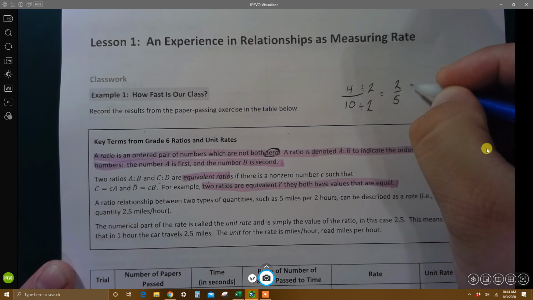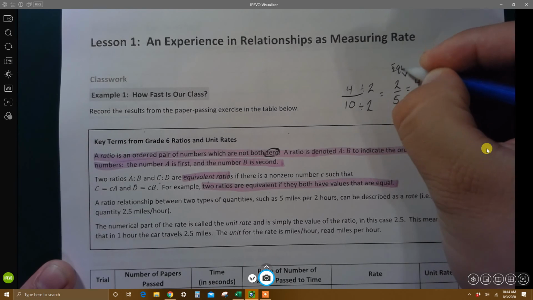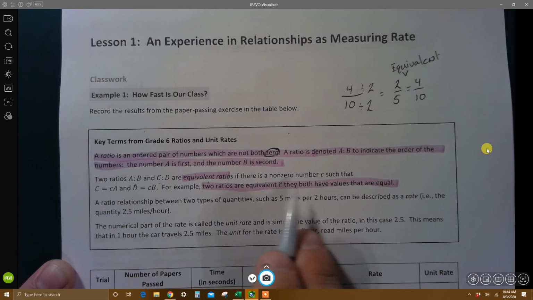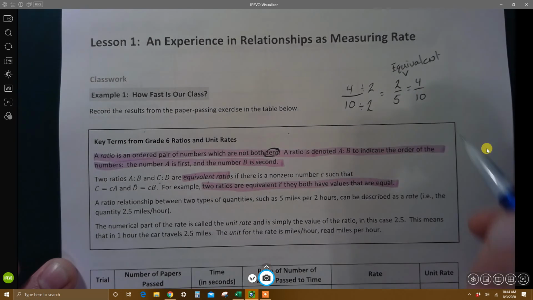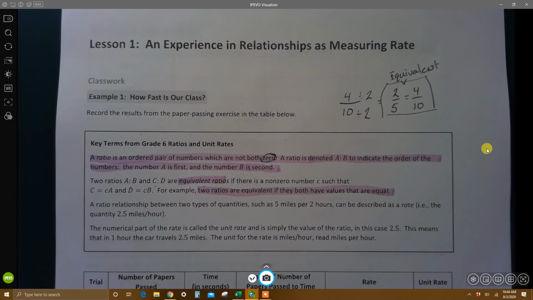Well, 2/5 is equal to 4/10. Those are equivalent. That's what we're talking about when we're talking about equivalent ratios. They have the same value. If you were to divide them, 2 divided by 5 is going to equal 4 divided by 10. That's an equivalent ratio.